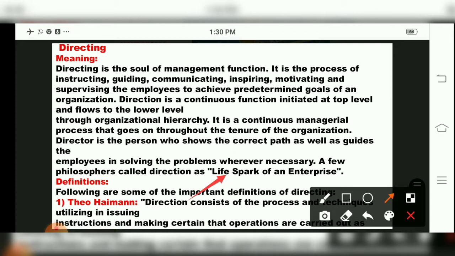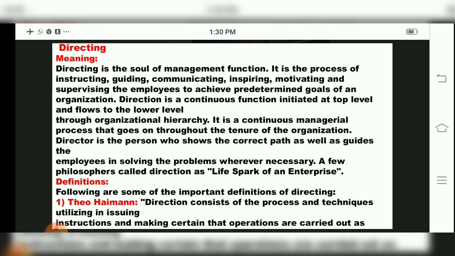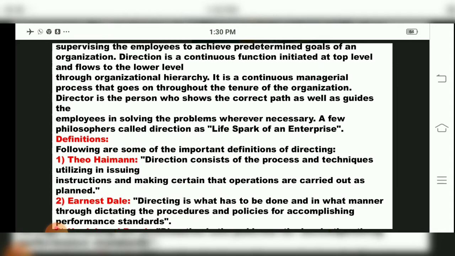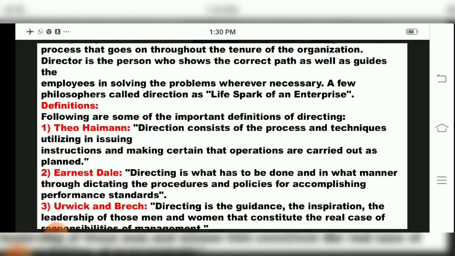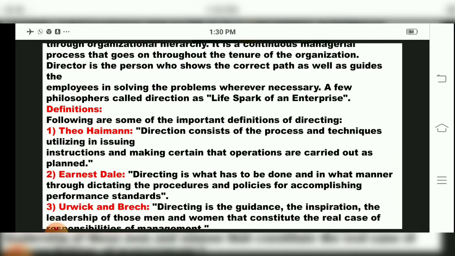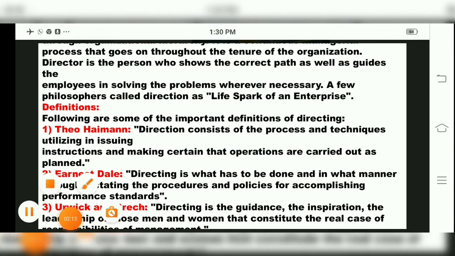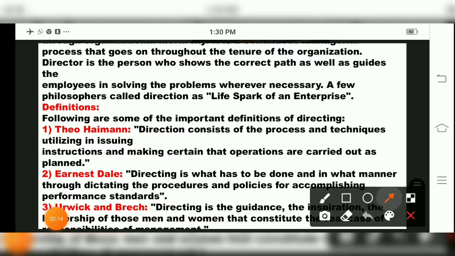Now we'll see the definitions related to directing, children. The first definition is according to Theo Haimann. How does Theo Haimann define direction?